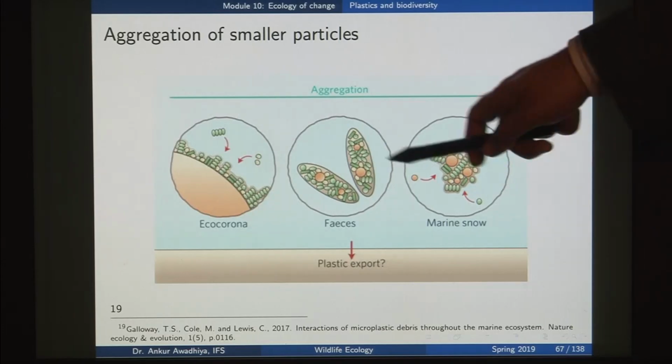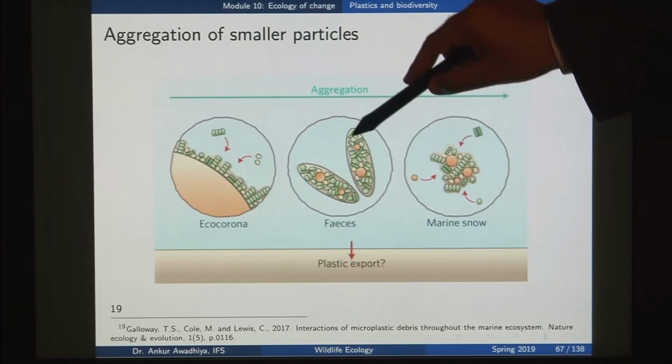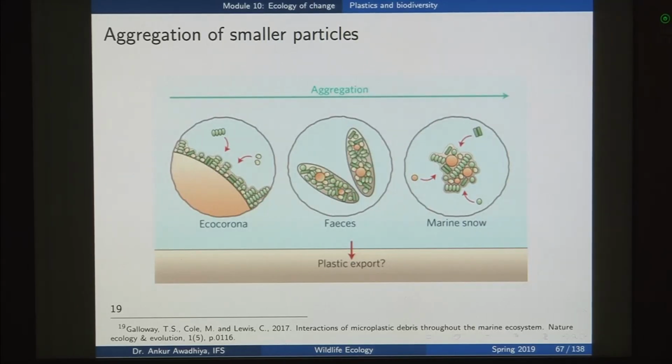And then after a while, when it is giving out the feces, in this feces you have all of these small particles that are now together. So, this might convert from a micro debris to a meso debris, or it might even convert itself into a marine snow. Now, marine snow refers to a number of particles or fragments or dead bodies of organisms that move in a top down manner in the ocean systems.